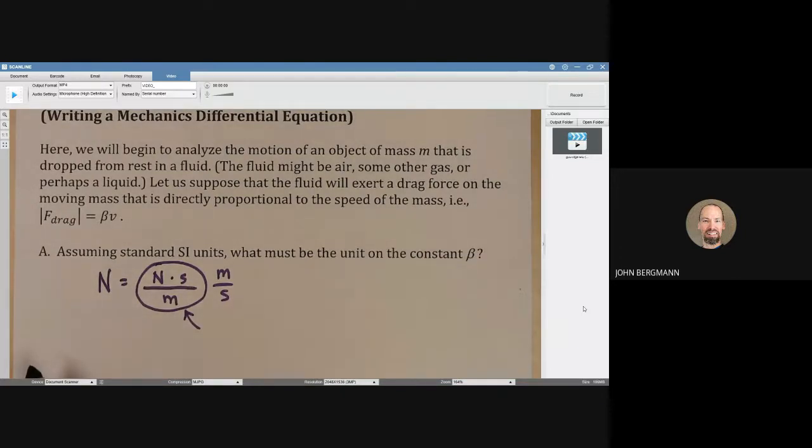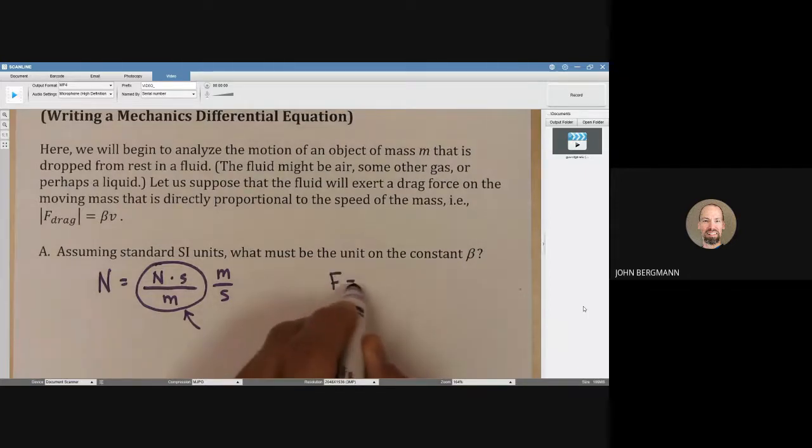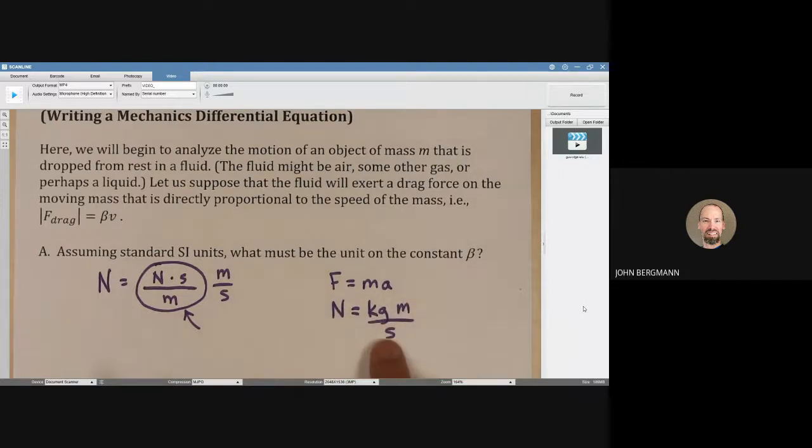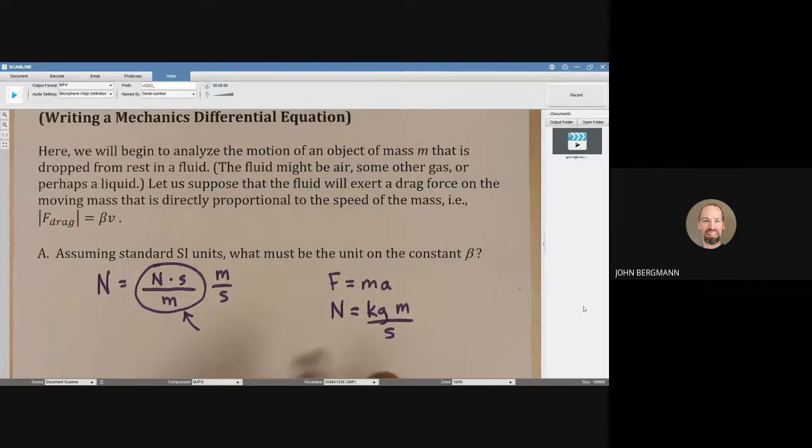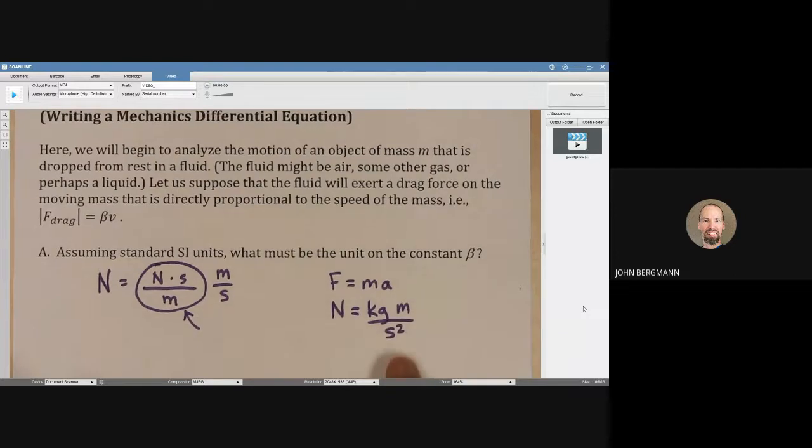And let's see, from Newton's second law, let me write that up there. Force is equal to mass times acceleration. Force is in newtons, mass is in kilograms, and acceleration is in meters per second squared. So a newton is a kilogram meter per second squared.